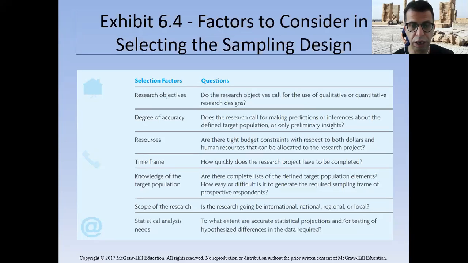And we have no option but to do a sampling. We cannot do a census.